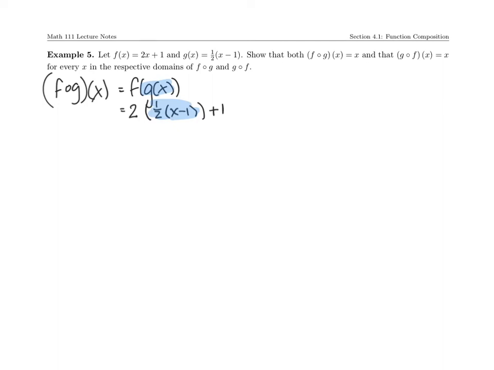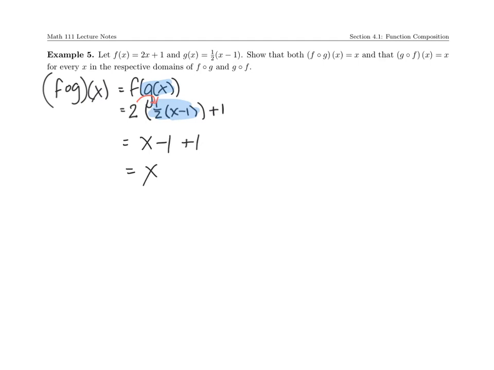So very important here, your order of operations, deal with everything inside the parentheses first. 1/2 x minus 1. I can distribute that 1/2 if I want. I can also, since this 2 and this 1/2 are being multiplied together, I can multiply these in and say that this is x minus 1 from that parenthesis, plus 1 from outside of the parenthesis, and negative 1 plus 1.